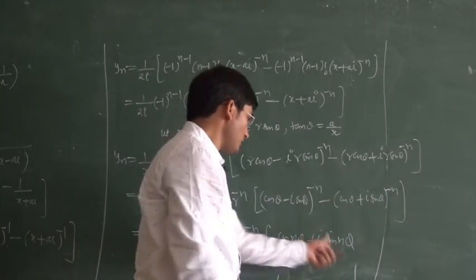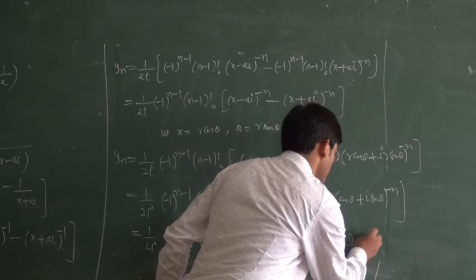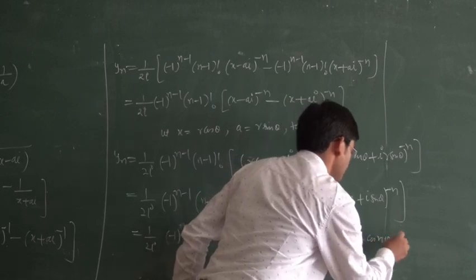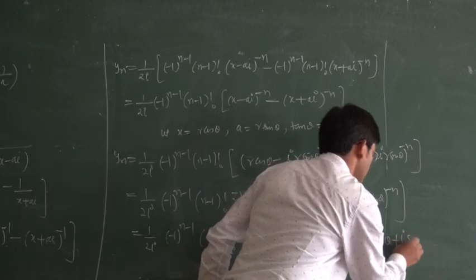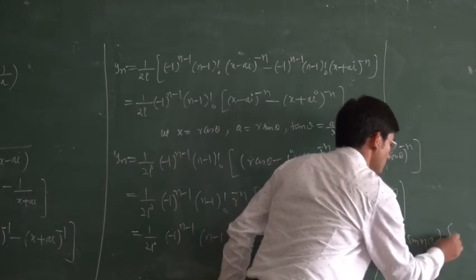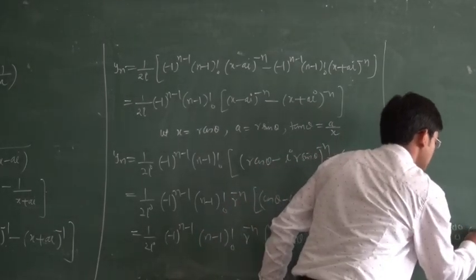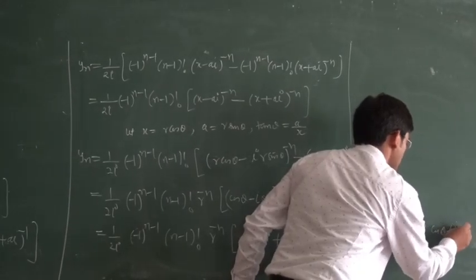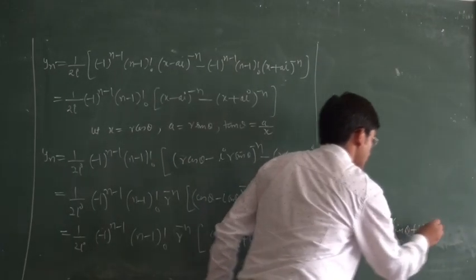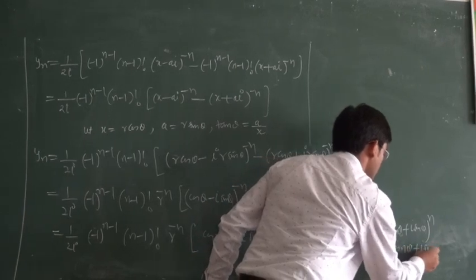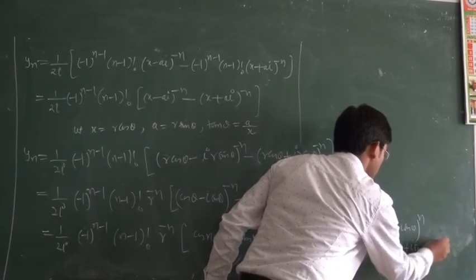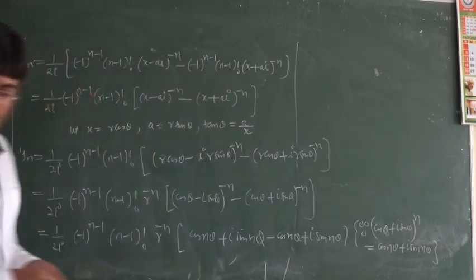So using that formula we have this result, and this is your cos n theta, and we will have minus sign here, so minus minus is plus, so i sin n theta, because we have this formula (cos theta plus i sin theta) whole power n is equal to cos n theta plus i sin n theta. That means this n will multiply in the angle.